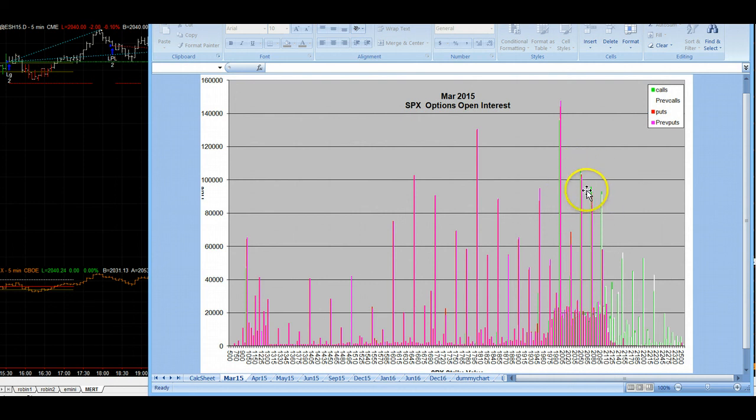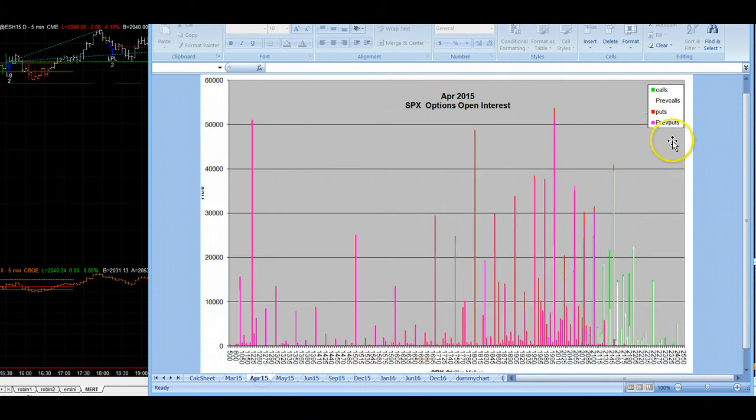I would say they're adding them there. 2075 in March seems to be the median point. And in April, I would say it's about the same, around there, even though there's a lot of puts below. But the median is around here. 2075 is the median point.